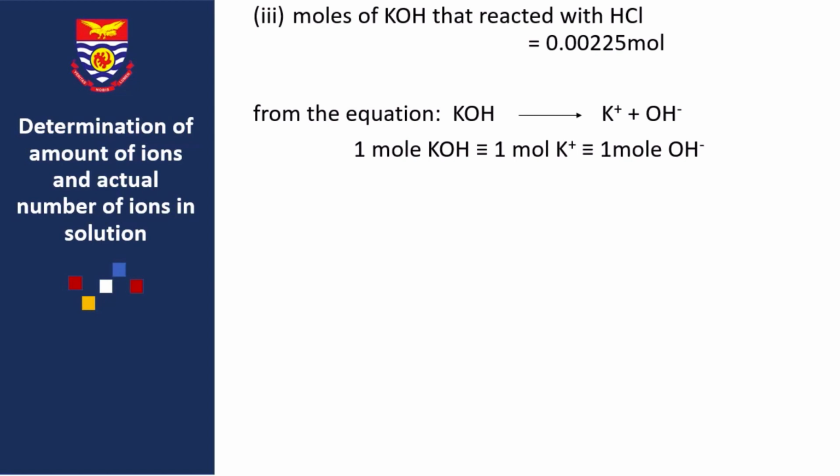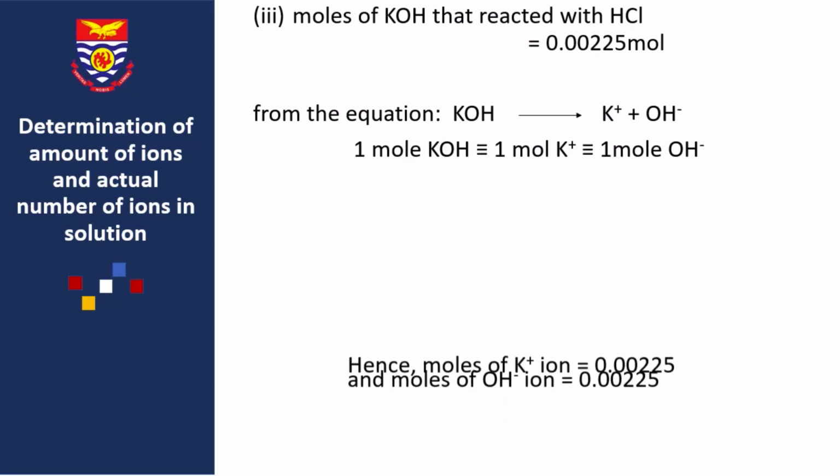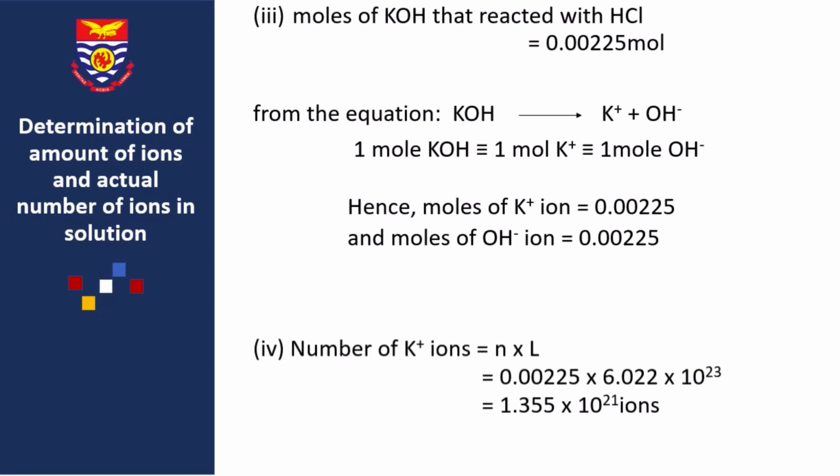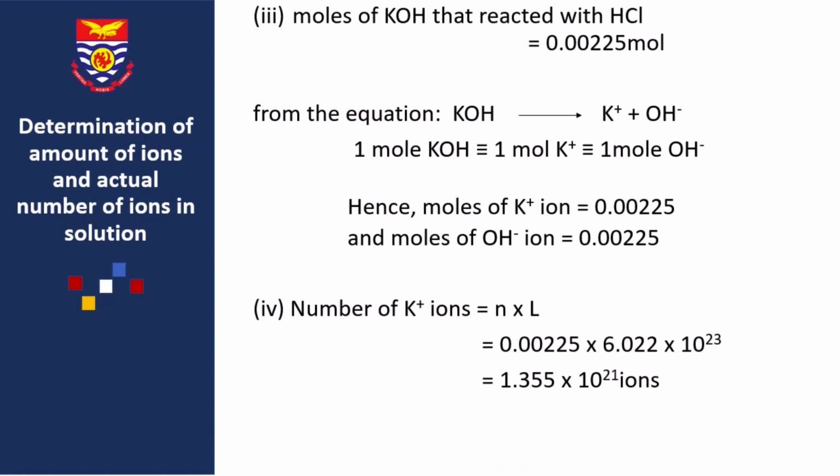So the mole ratio is 1 is to 1 is to 1, which means the moles of potassium hydroxide is equivalent to the moles of potassium ions, which is also equivalent to the moles of the hydroxide ions. So we can write that moles of potassium ions is equivalent to 0.00225, and that is the same as the hydroxide ions. So we know the moles of the ions.